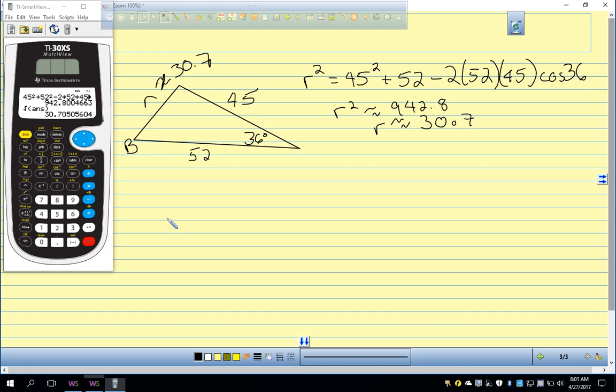All right. So let's try. You try one like this, and then we'll do one where you just have to find the angles. Okay. So you guys try. See if you can do it. I'll draw a triangle for you.